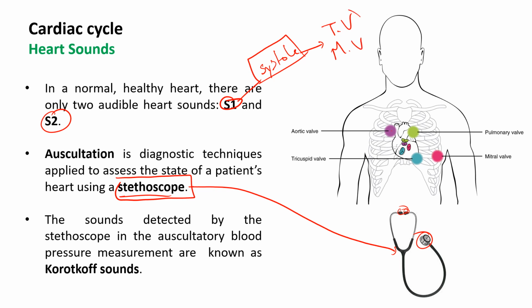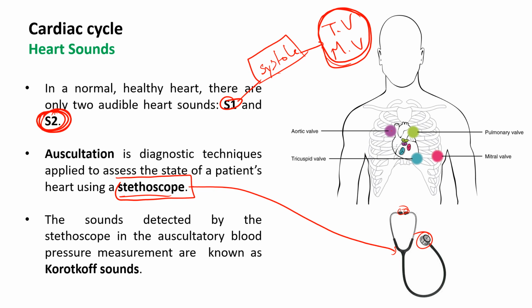Those are the valves that have extra structures to provide resistance, because they have to be able to maintain and prevent the blood flow from the ventricles to the atria. They need those extra structures because they are under a lot of stress, a lot of pressure.